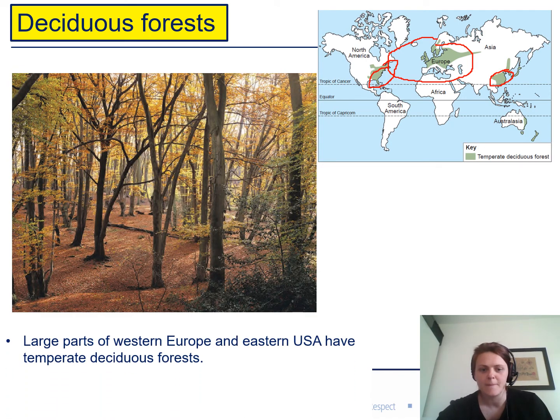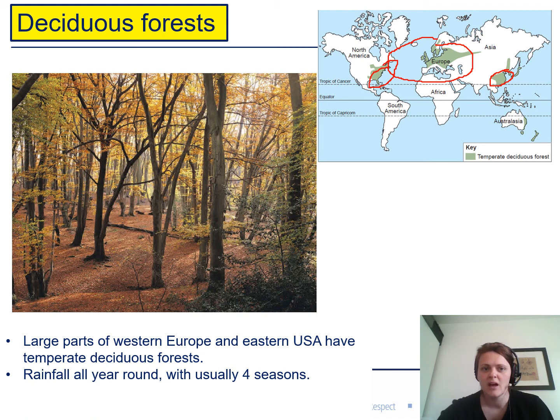This is where I said they were, and they're temperate. That means the temperature, it's not too hot and it's not too cold. Think about the UK, our sort of weather, and that's what these forests like. They need rainfall all year round, and they usually have 4 seasons. So like I said at the beginning, these are the trees that lose their leaves in the winter, and then they are regrown again in the spring, summertime.